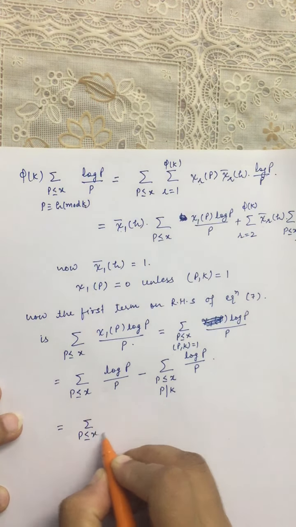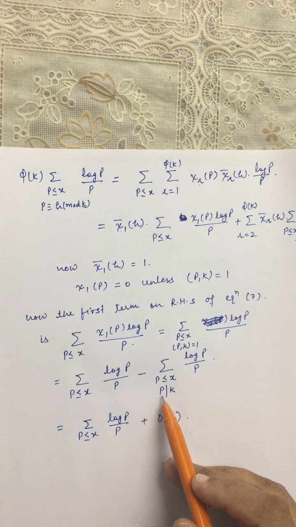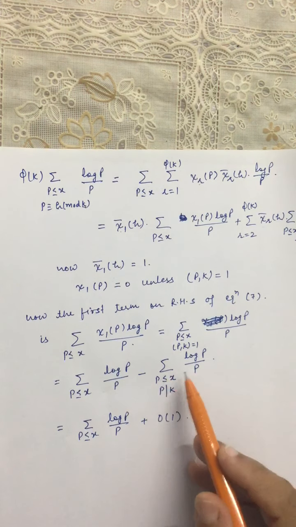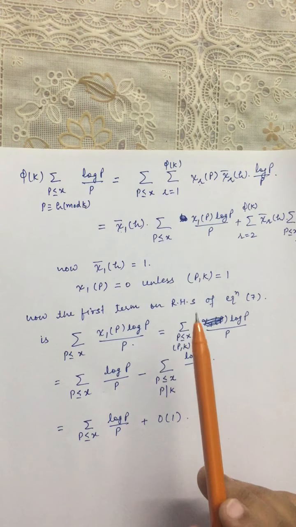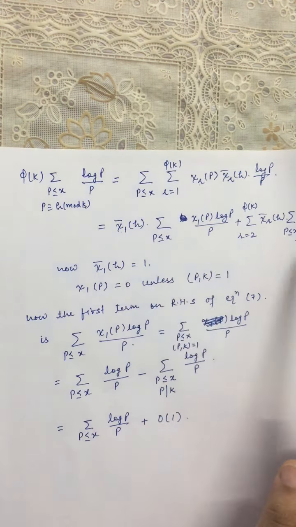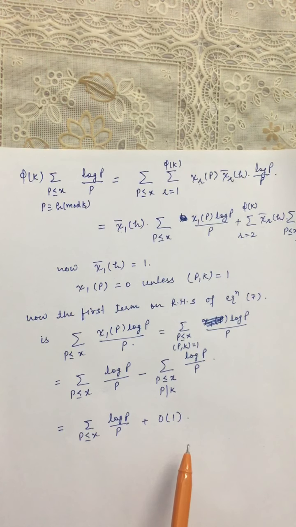And this sum contains only a finite number of terms, because there is only a finite number of prime divisors of k. So we have a finite sum of terms which are less than 1, so this term can be written as order of 1. So the first term on the right hand side of equation 7 becomes just summation log p upon p over all the primes p less than equals to x plus order of 1.